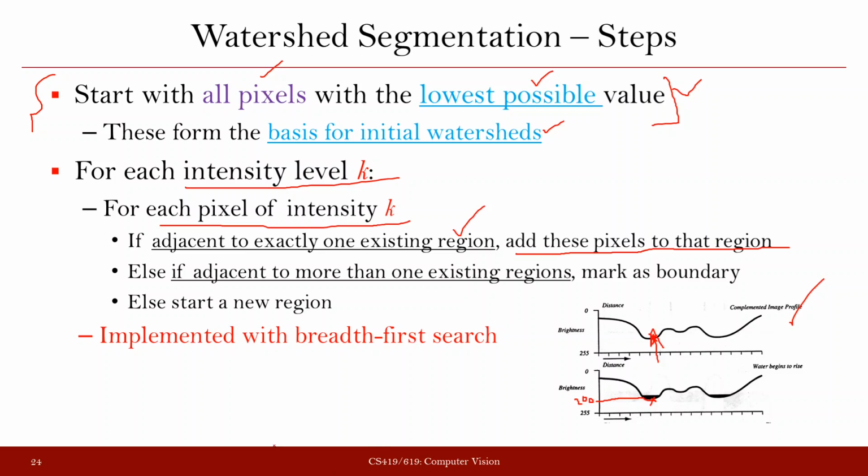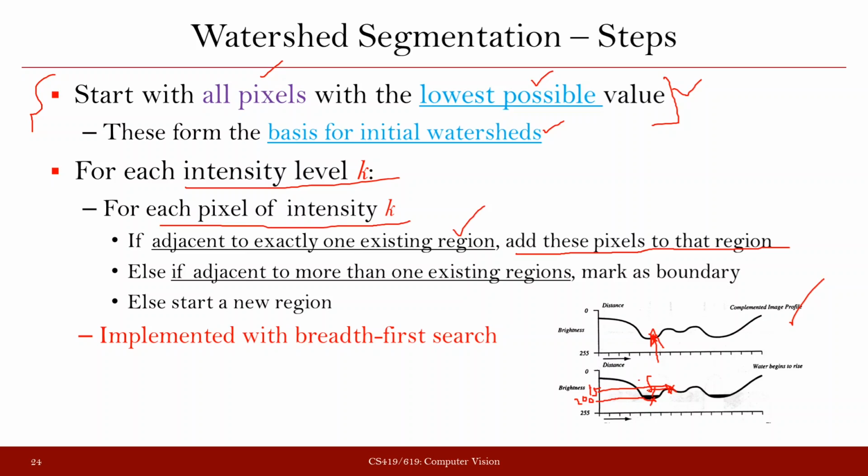But when you get a value, let's say some value here, let's say 150. Now, before 150 everything was in this particular region, but as soon as you consider this value 150, you will find that this is actually adjacent to two regions.